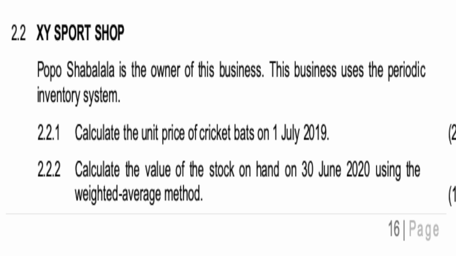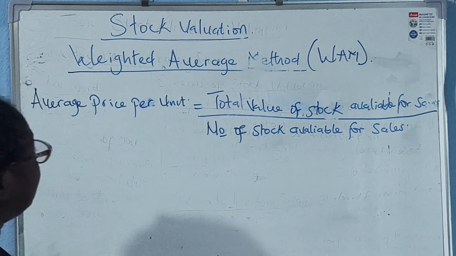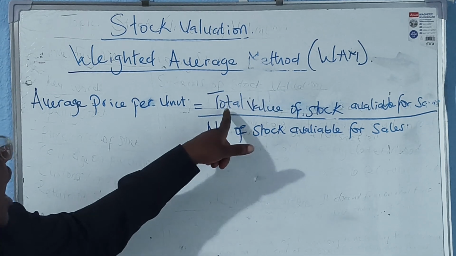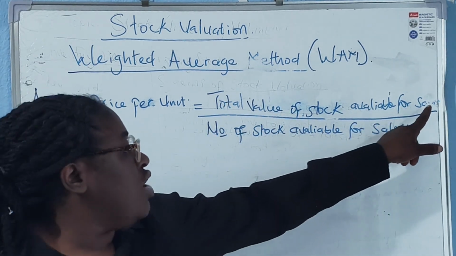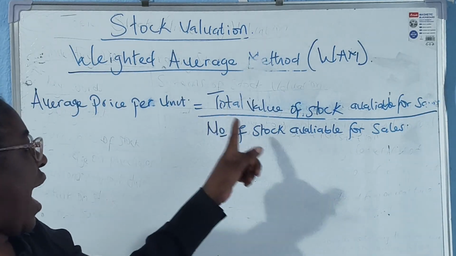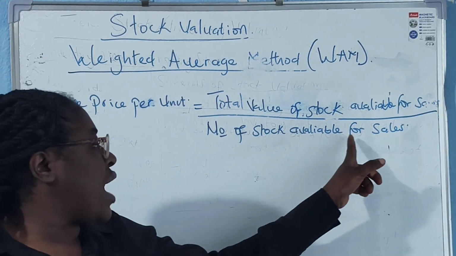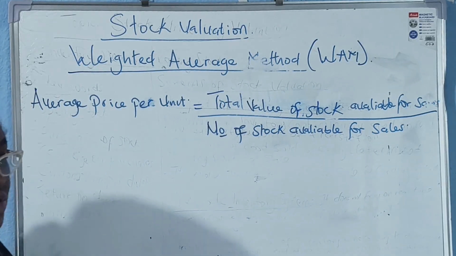So in doing that, we are using our weighted average method. So let's use this to calculate. We said we need to get the total value of stock available for sales divided by the number of stock available for sales.